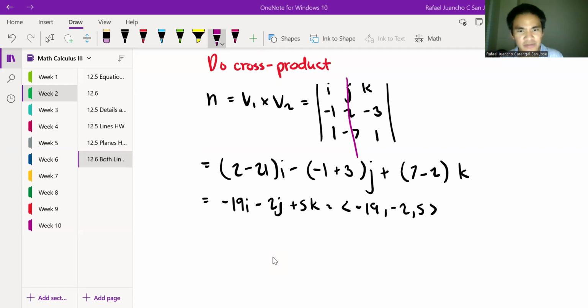No, I have the right values. 2. What? Okay, this is weird. Wait. 2. Okay, I got the negative 19 part.